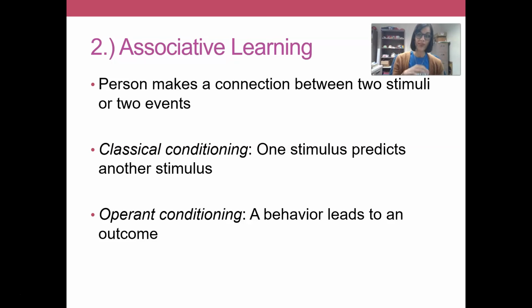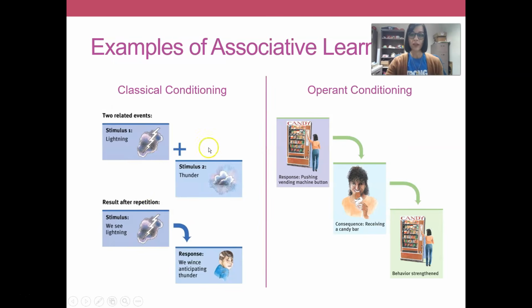And based on what that outcome is, we are either more likely to repeat that behavior in the future, or we are going to be less likely to repeat that behavior in the future. And so we'll talk more about classical conditioning and operant conditioning within the next few minutes and in the next lecture as well. So here are two different examples of associative learning.